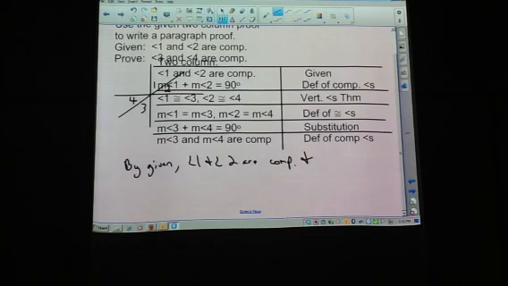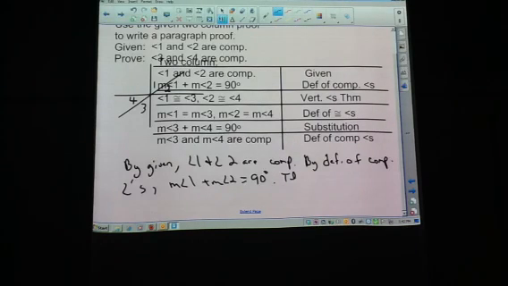So I'm going to go ahead and put that period there, and then I'm just going to put by definition of complementary angles, the measure of angle 1 plus the measure of angle 2 equals 90 degrees.